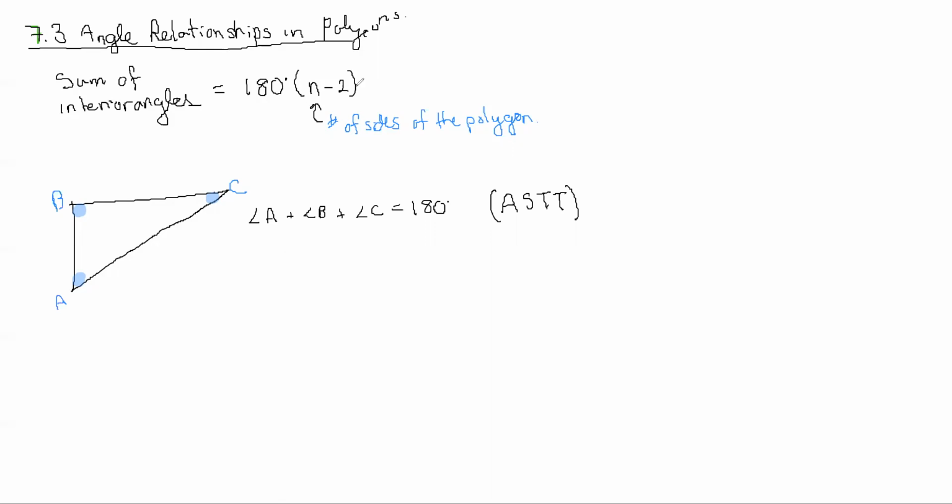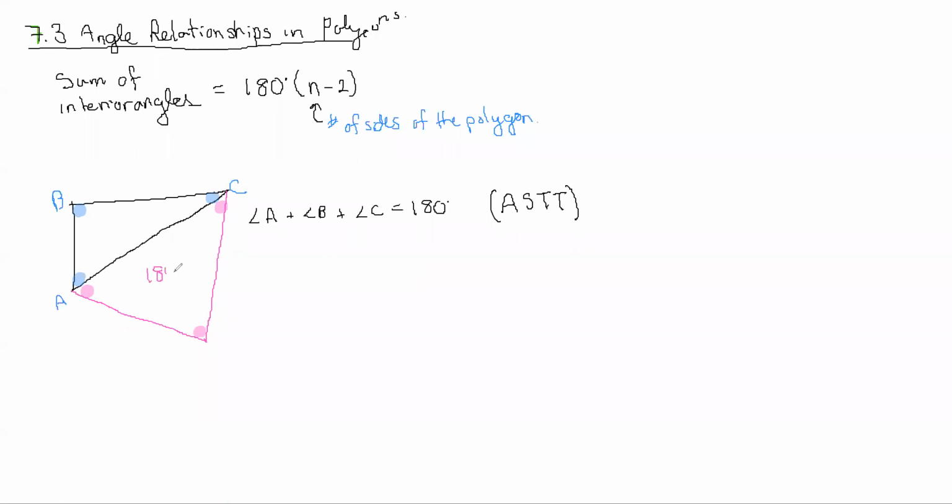Now I'm going to extend that. What if I asked you to draw another triangle? You know what? Let's use a different color. What if instead of a 3-sided shape, I asked you to consider a 4-sided shape? What is the sum of all 4 angles? Well, take a step back. What would be the sum of these 3 angles of this pink triangle? It would be 180 degrees.